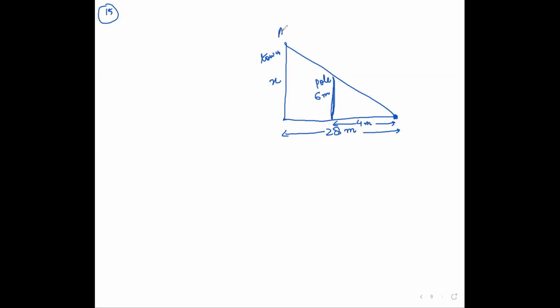If I give some name, let's say ABC, and this also I give some name. Then what will I do now? I want to find X. How can I find it?